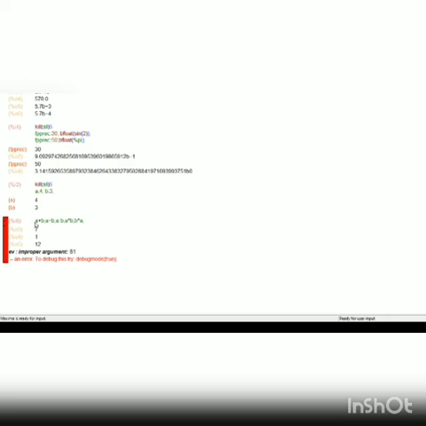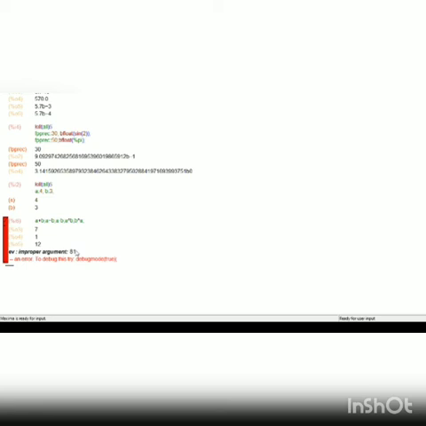First, the answer for the first one is 7. Yes, A plus B, 4 plus 3 is 7. A minus B, 4 minus 3 is 1. And A into B, 4 into 3 is 12. For the next one, improper argument, A to the power of B is not displaying. Why? 4 to the power of 3 is 64.